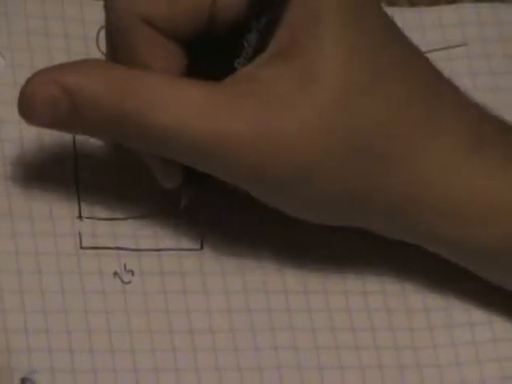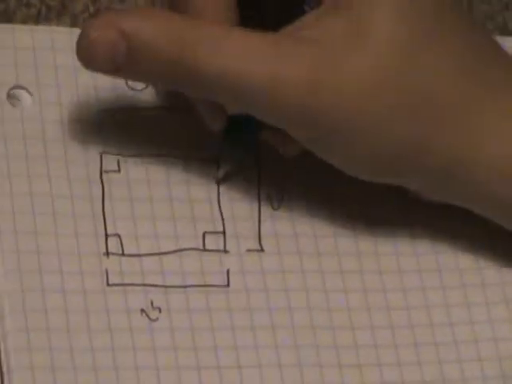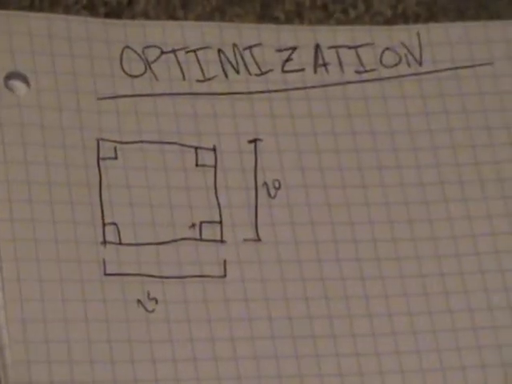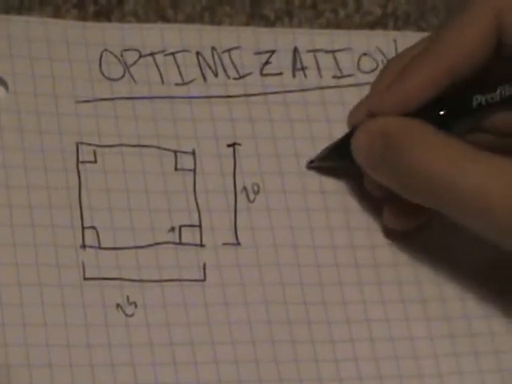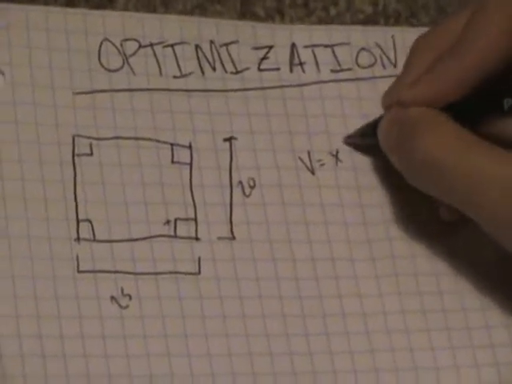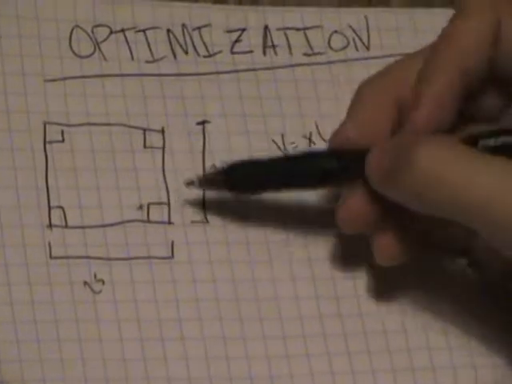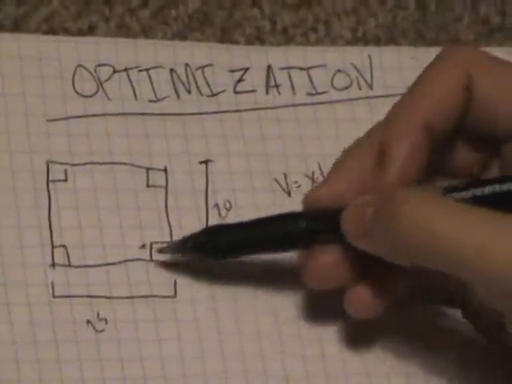So we cut congruent squares out of the corners everywhere, and we know that their side length is x. So we know the height is going to be x. So volume equals x times... what's our length? Well, 2x is going to be cut off from each side.